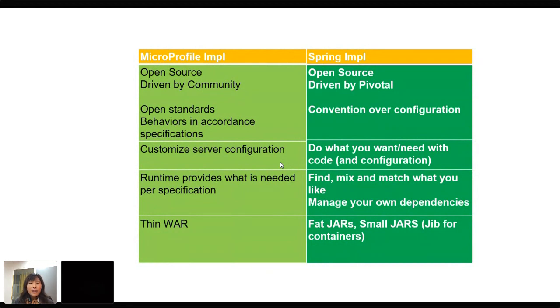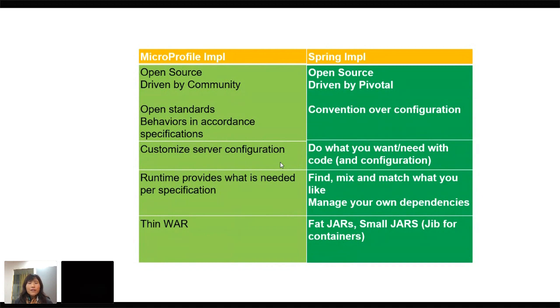Also in MicroProfile, if you use a different runtime there's a kind of server configuration, but it's very minimal. Your application APIs will continue to run without any problem. You don't need to change your code whatsoever, and you can get it running on a different runtime. And in Spring there are a lot of APIs for you to choose from. You can do whatever you want.